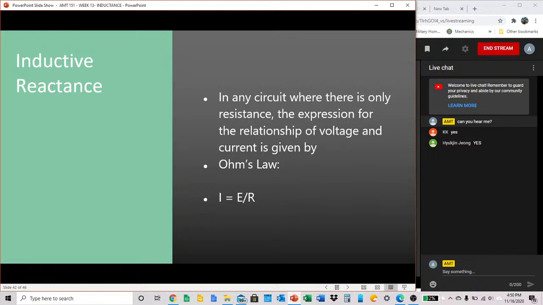Now, we had talked about Ohm's law in DC circuits. In AC circuits, we have something similar that we plug these numbers into to convert our information to a relationship with current and voltage. In any circuit where there is only resistance, the relationship of voltage and current is given by Ohm's law, which is current equals voltage over resistance.